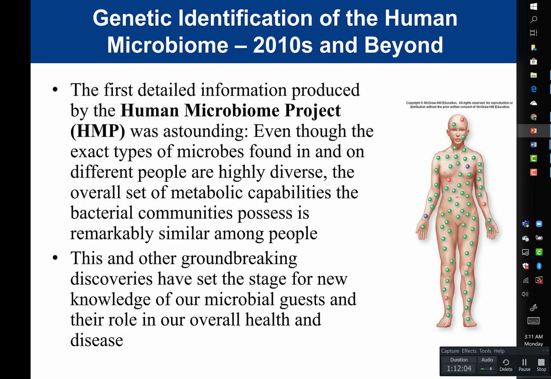This was done in the 2010s and beyond. The first detailed information that was produced by the Human Microbiome Project was astounding. Even though the exact types of microbes found in and on different people are highly diverse, the overall set of metabolic capabilities the bacterial communities possess is remarkably similar among those people.